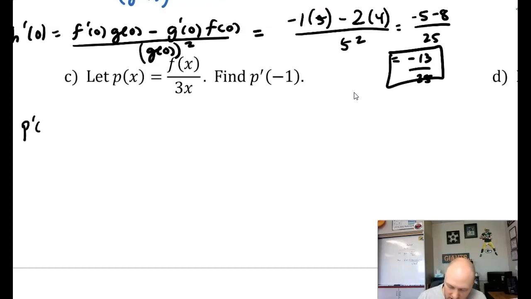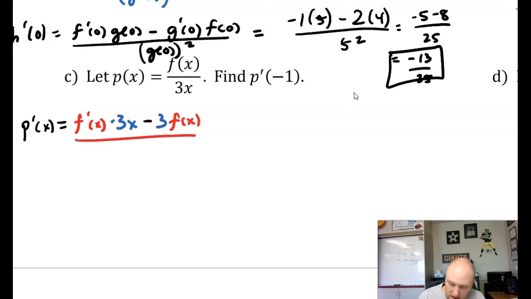Okay, so I'm going to go ahead and find p prime of x. Now, my function in the numerator is f, so f prime of x times my denominator, which is 3x, minus the derivative of the bottom, which is 3, times my numerator, f of x. Okay, and we're dividing by our denominator squared, so 3x squared.